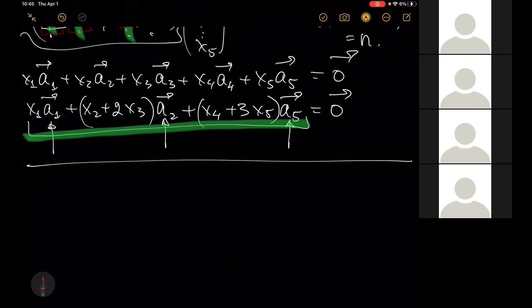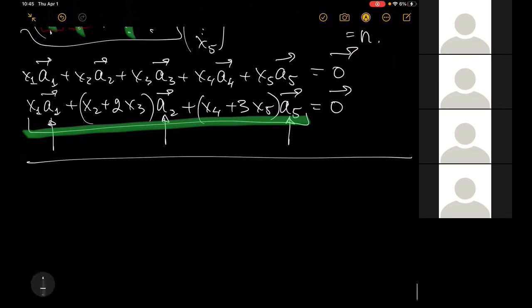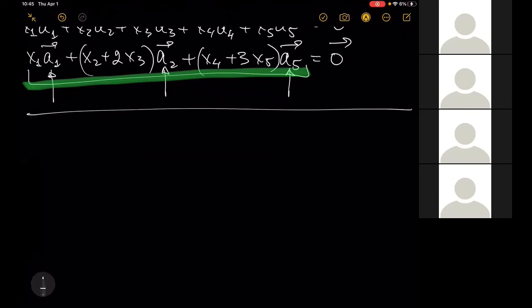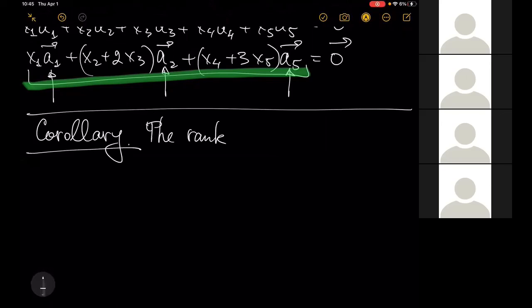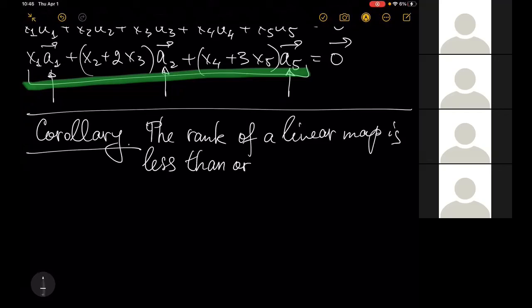Let me please formulate a corollary so that I don't need to come back. Corollary of the rank-nullity theorem: the rank of a linear map is less than or equal to the dimension of the domain.